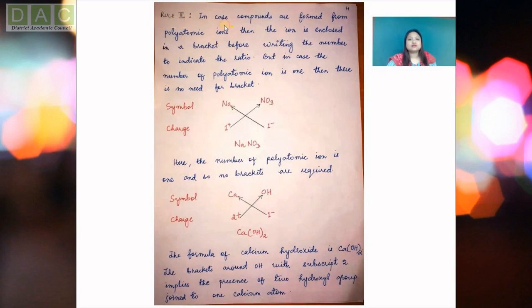Polyatomic ions are ions which contain 2 or more atoms.